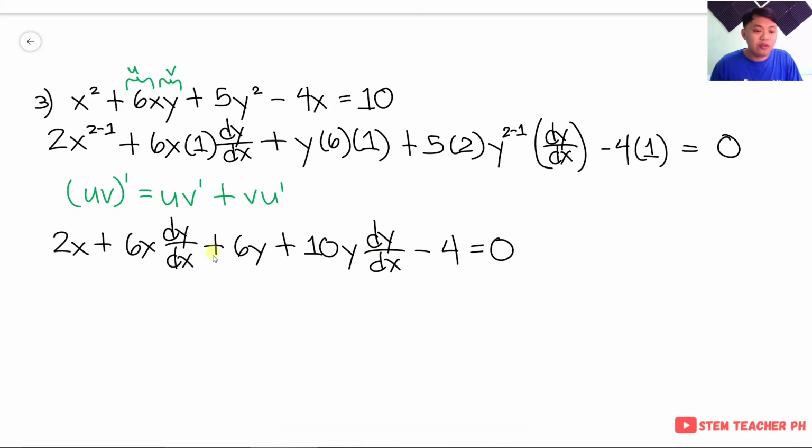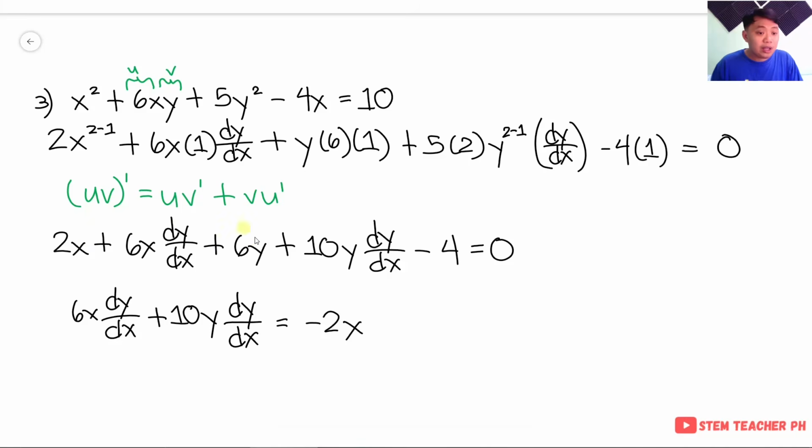Again, what we need is dy over dx. So the terms without dy over dx, we move to the other side. We copy: we have 6x dy over dx plus 10y dy over dx. Then on the other side, from positive 2x, this will become negative 2x. We also have 6y, this will become minus 6y.